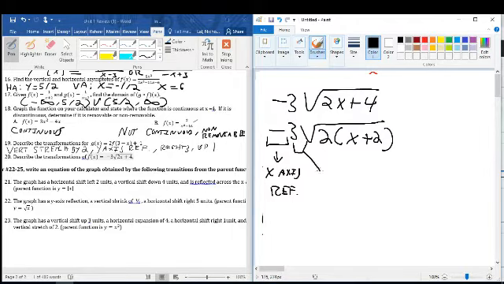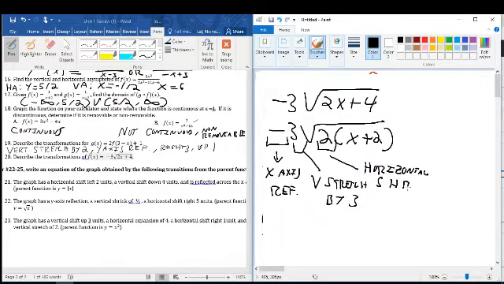We'll have a vertical stretch by 3, horizontal shrink by 1/2, and then that'll be left 2.